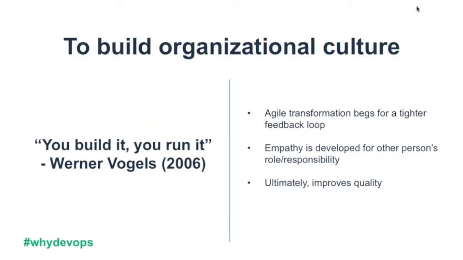And if you actually go back to that interview, and I was at Amazon around that time when he said it, one of the things he said that I think is really interesting, right before you build it, you run it, he actually talks about how making developers responsible for their code in production ultimately improves quality, and that's why they went down this path. It was that you actually got a better quality product out at the end by making developers responsible in that way.